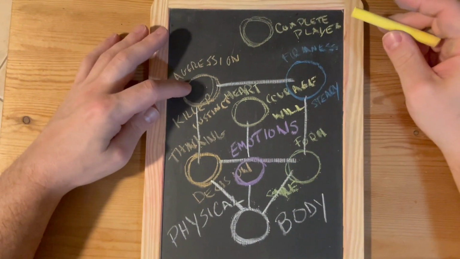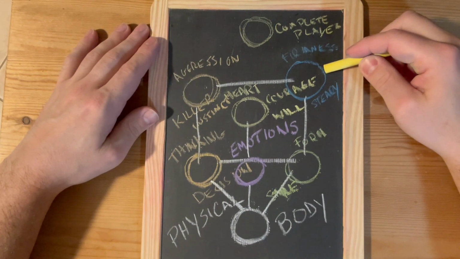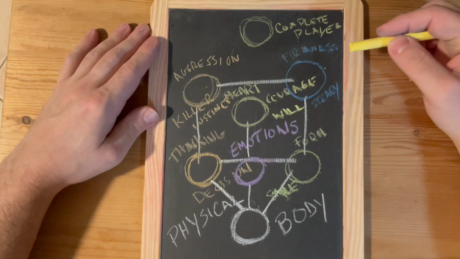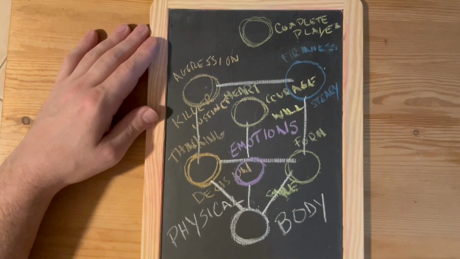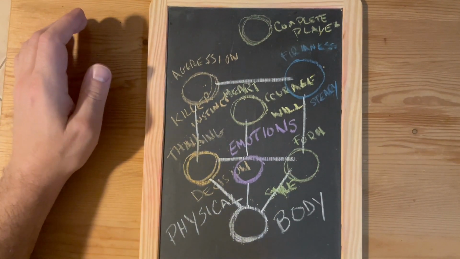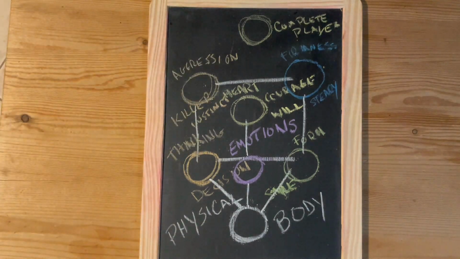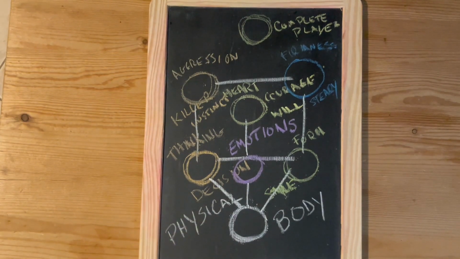We could also say this is competition over here. This could be tact. If you think of playing in tournaments, you have to have a certain tact to you. You have to get along with other people, understand how to operate in a social situation.